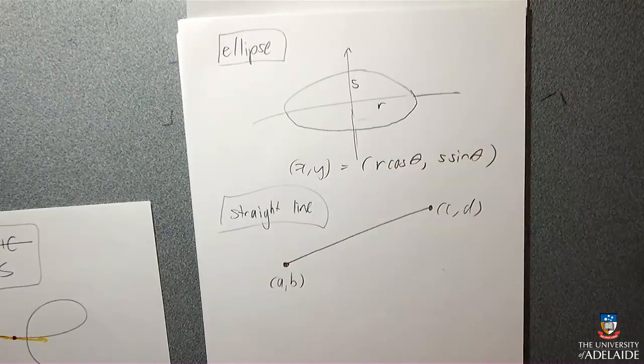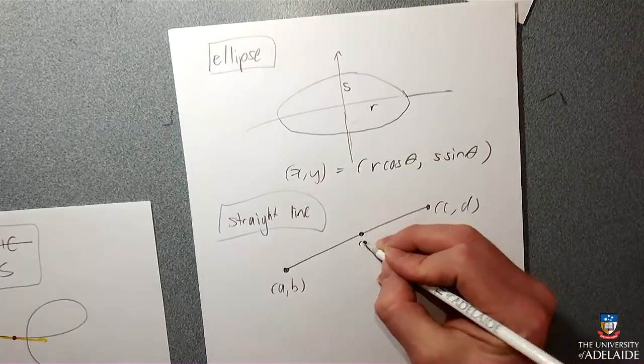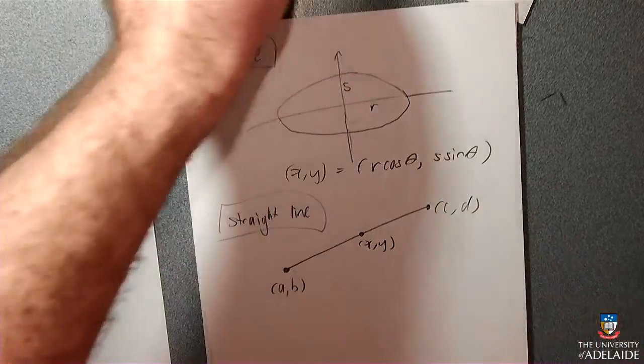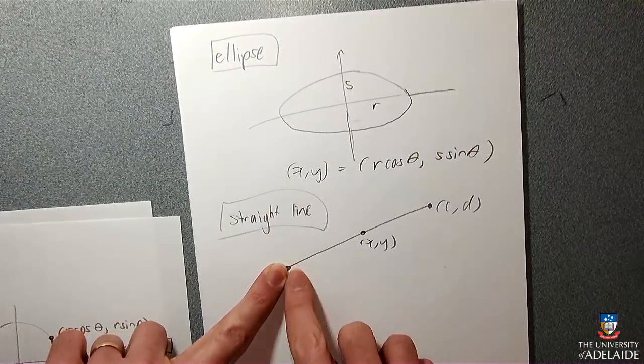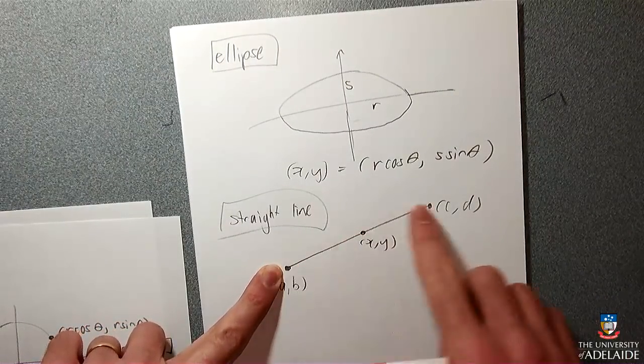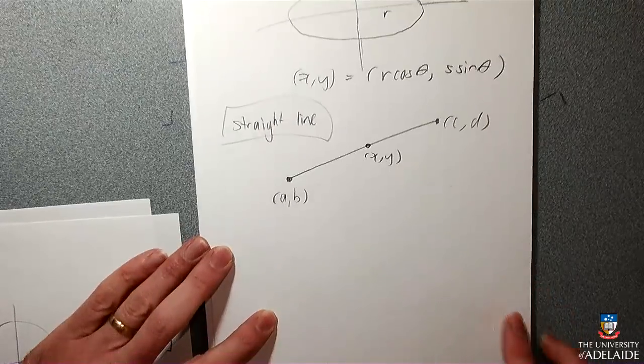I can create this by thinking vector-wise. To get to this point xy, somewhere in the middle, I need to start at AB and go some percentage of the distance from here to here.